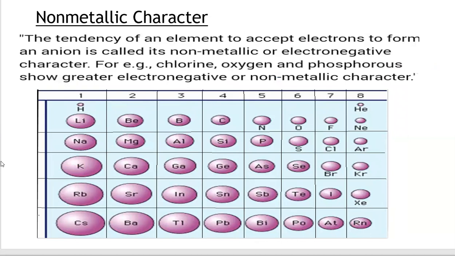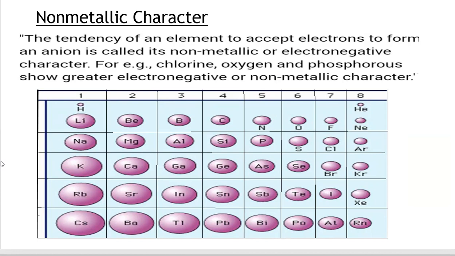Now the opposite: non-metallic character, which means the tendency of an element to accept electrons. When we discussed valency, we learned that elements with 1, 2, 3 valence electrons will lose electrons, but 5, 6, 7 will not lose electrons. They will accept electrons and become negatively charged ions, that is anions. So the tendency of an element to accept electrons increases as we move from left to right in a period.